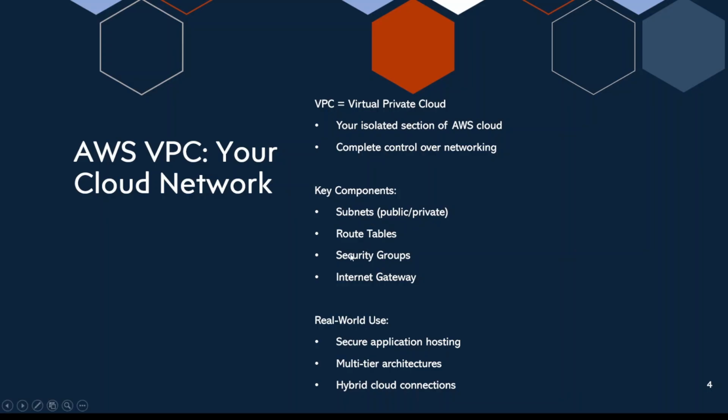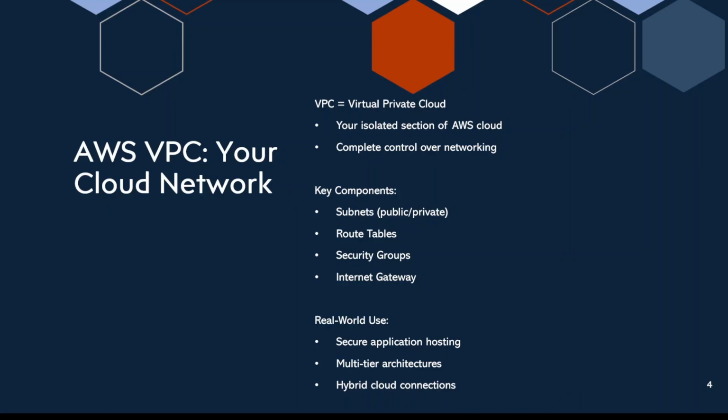Security groups are a kind of blocking or allowing of traffic to your resources, right? With a security group you can limit the traffic for a specific port or a specific protocol to your instance or to any resource that is deployed within the VPC. The internet gateway allows your resources within the VPC to connect to the internet, right?